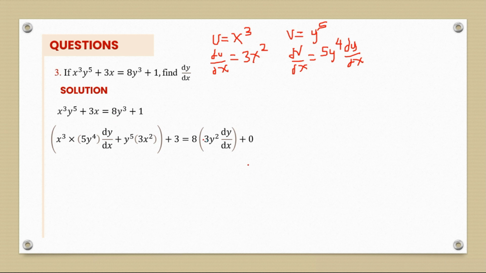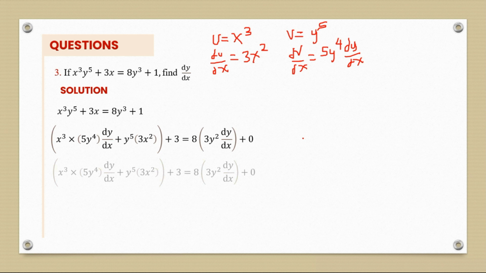On the other side, when we differentiate y cubed, it is 3y squared, and because it's a y, we multiply it by dy/dx. Next we multiply that by the 8, so that is equal to 24y squared dy/dx, and the 1 becomes 0 because it is a constant.